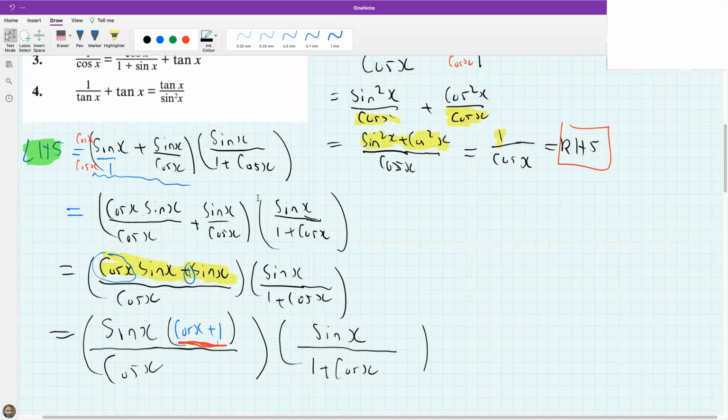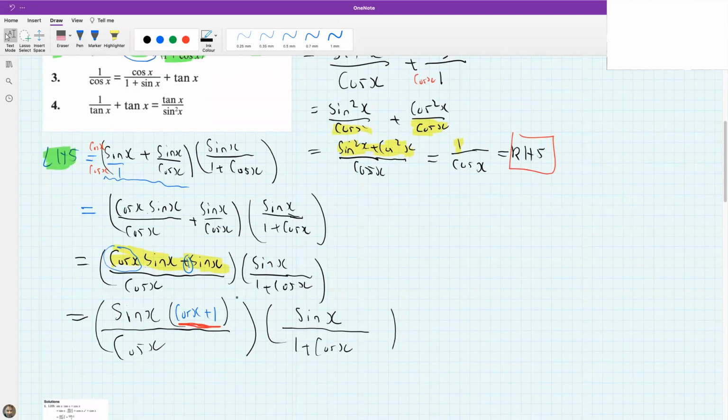Okay, now, what can we do next? These two are being multiplied. There's something rather interesting about these two. What do you notice about these two expressions? Who feels like I want to come online and give us a human voice to explain what I'm pointing at?